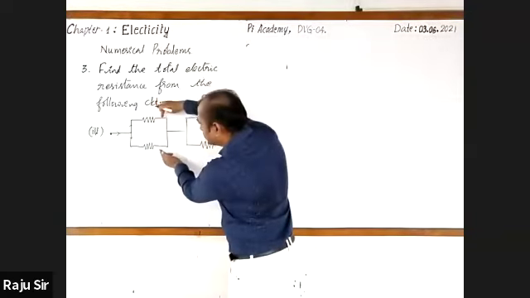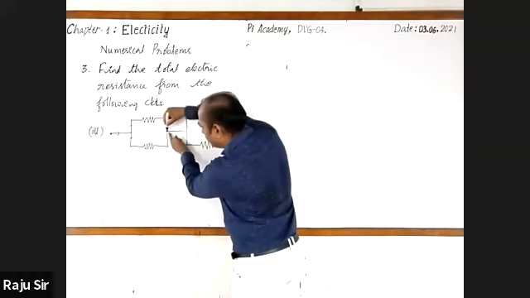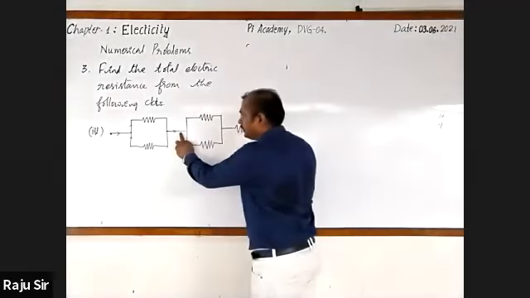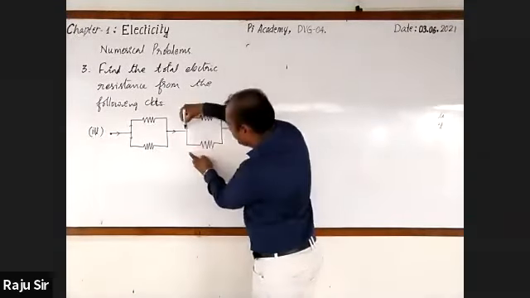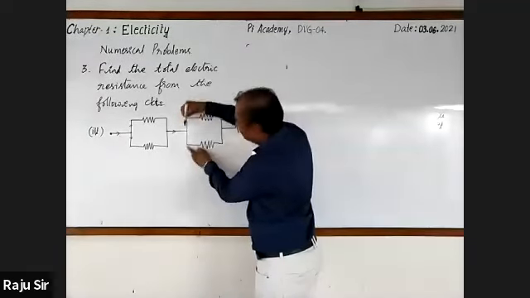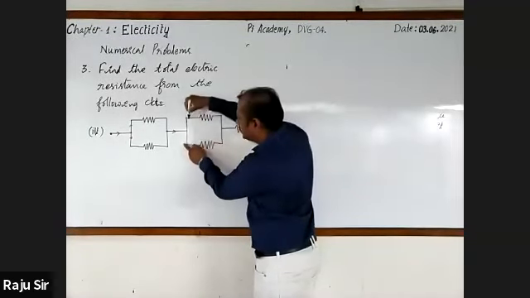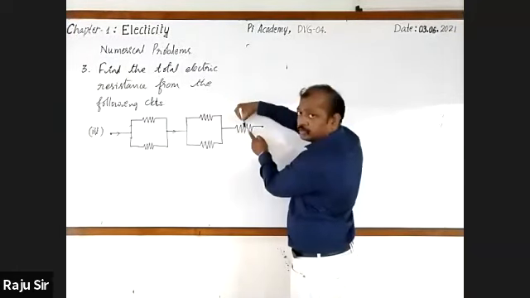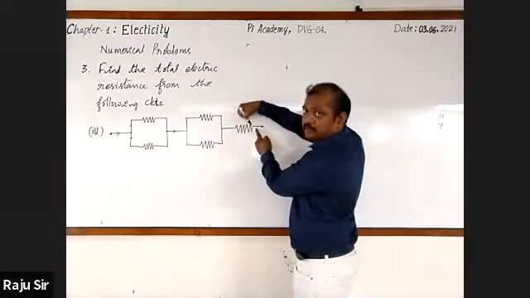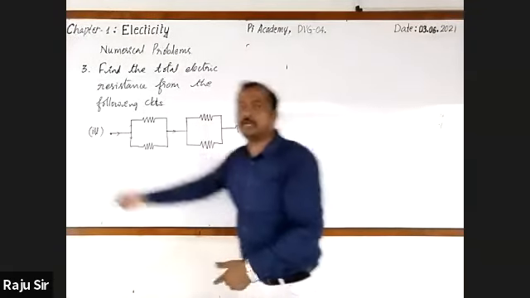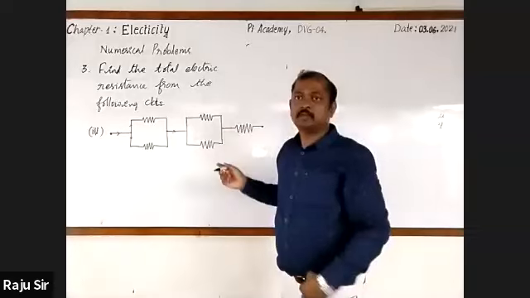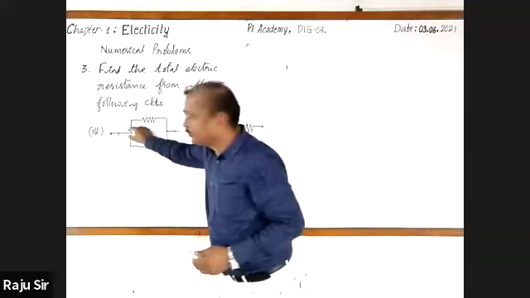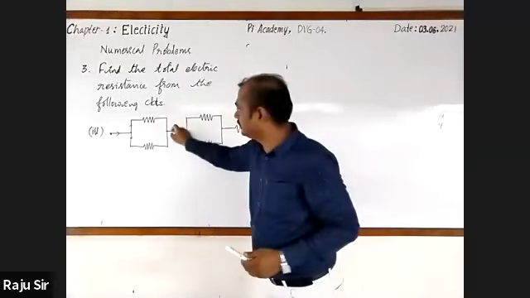After passing through them, they recombine at this point. Again, when the current comes to the next point, it gets divided, passes through the resistors, then recombines and passes through the fifth resistor. Then it goes to the negative terminal. Once it gets split up, it will recombine.